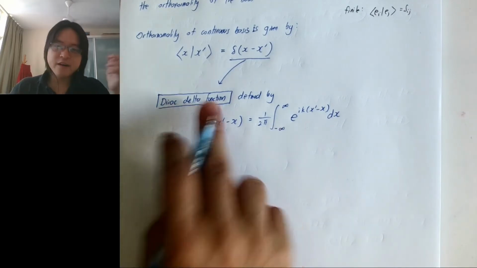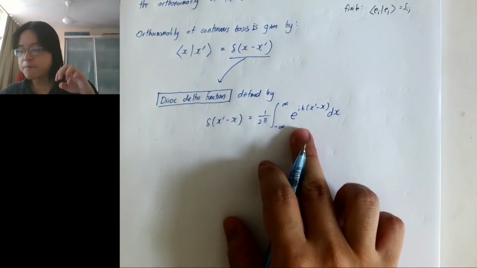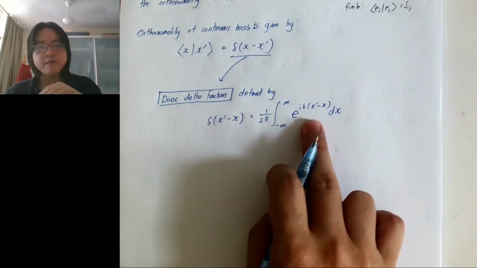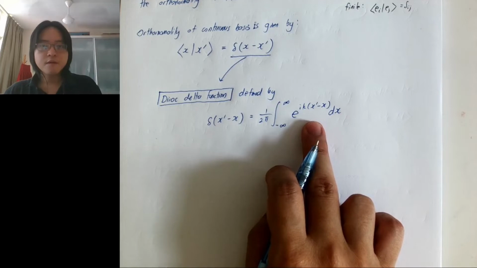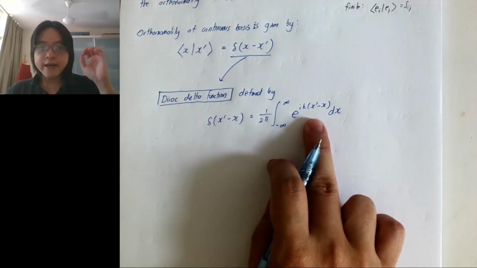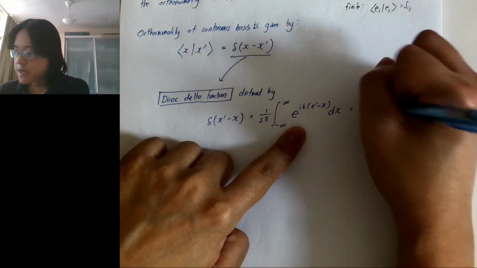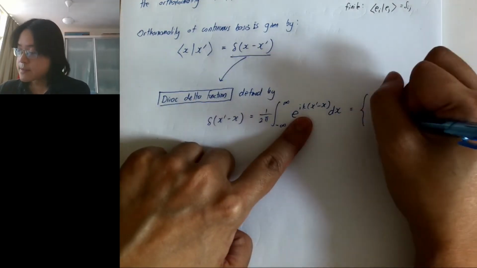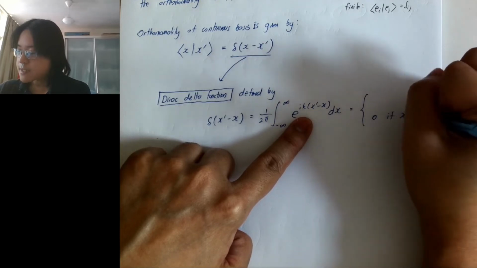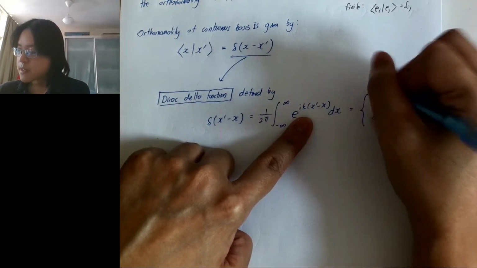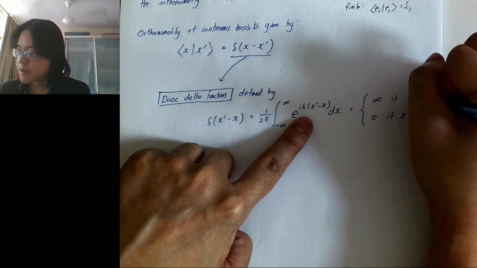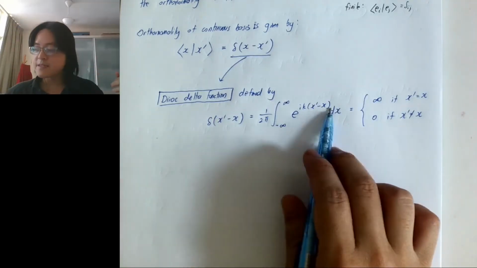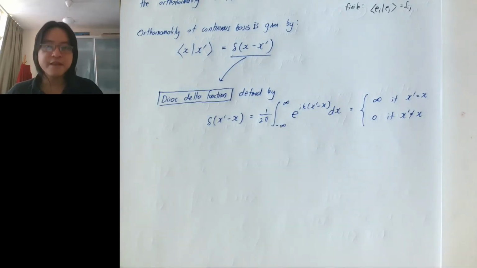It is not the official definition from math, but it helps to imagine that this is the solution for this integration. I encourage you to try this integration yourself. If you work it out, you will get 0 if x prime is not equal to x, and it's actually infinity if x prime is equal to x.